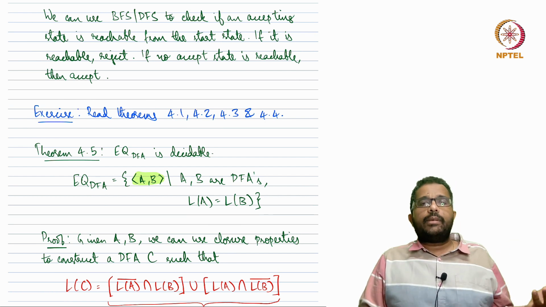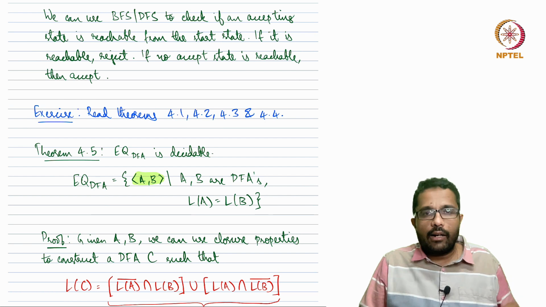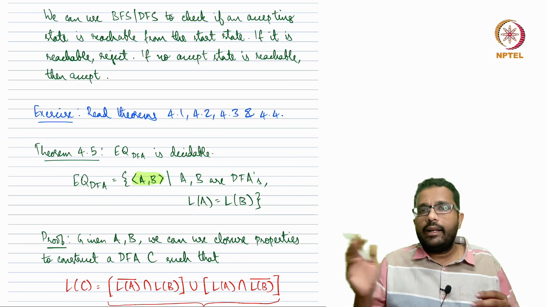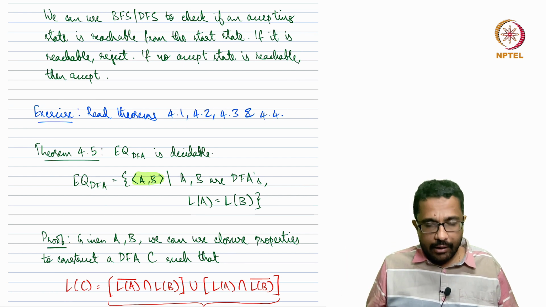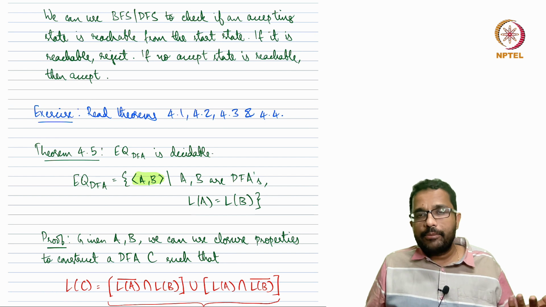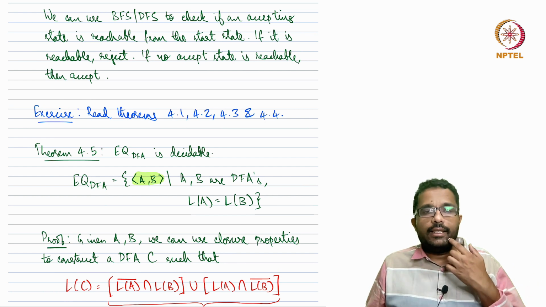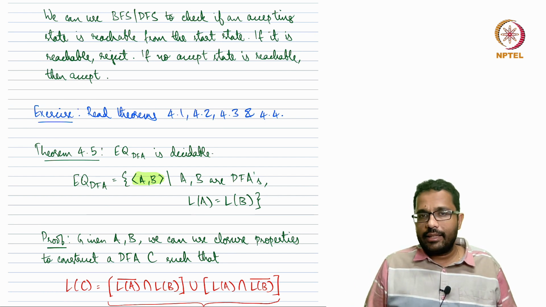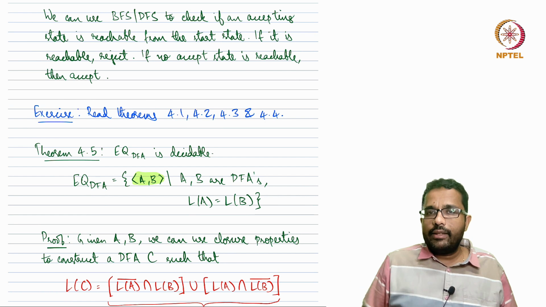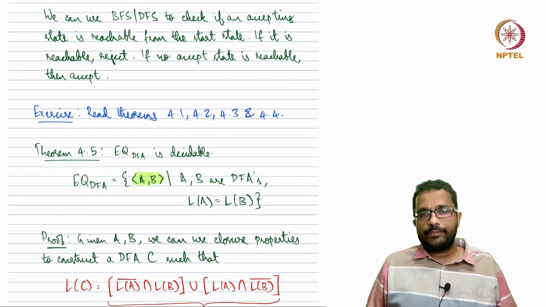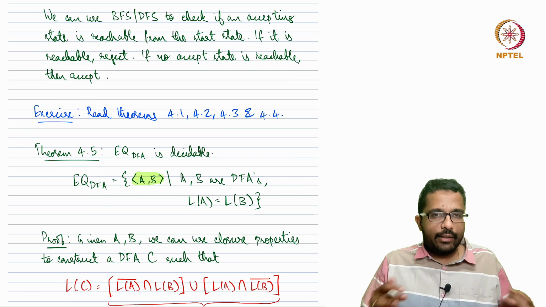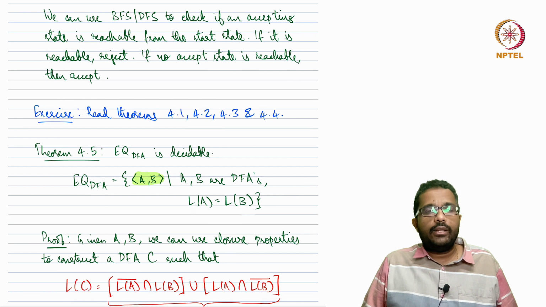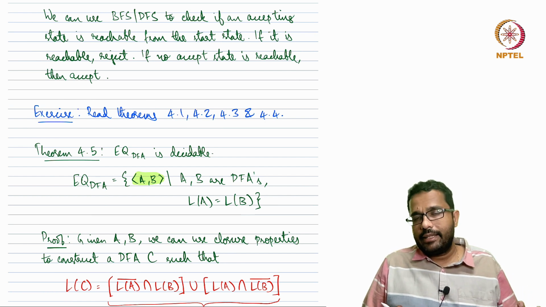Suppose the next string is rejected by both, again you go to the string after that, and so on, till you find a string that is accepted by one and rejected by the other. But this can be a never-ending process. If the languages are indeed the same, you will never get a string that is accepted by one and rejected by the other, so we never reach a conclusion. If it's a yes instance, meaning L of A equals L of B, you will just keep doing this but never end.